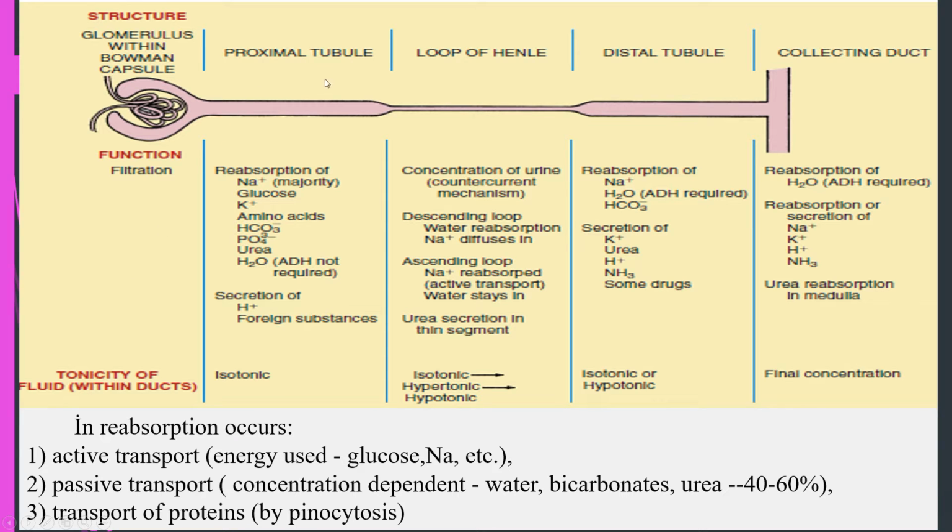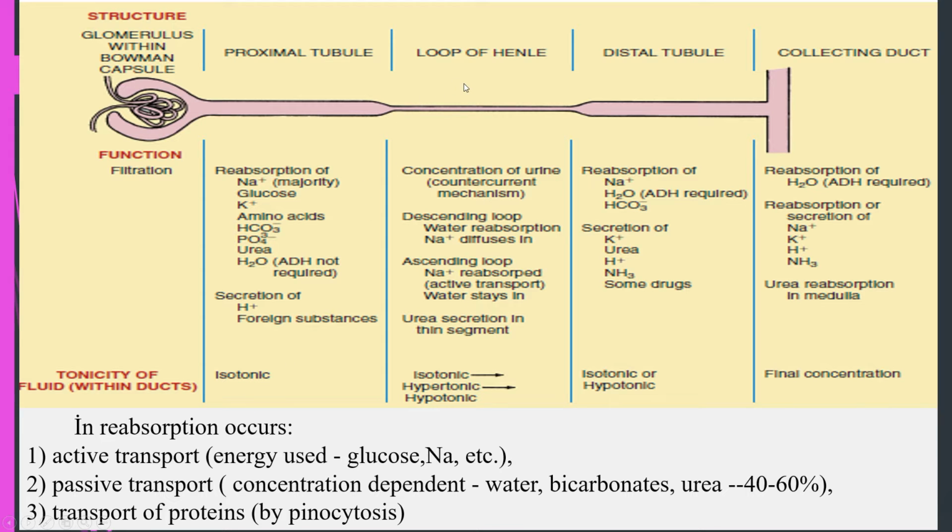In the proximal tubule, there is reabsorption of sodium, the majority of sodium, and glucose, potassium, amino acids, bicarbonate, urea, and water. Antidiuretic hormone is not required. Secretion of hydrogen and foreign substances occurs, and isotonic urine is formed.